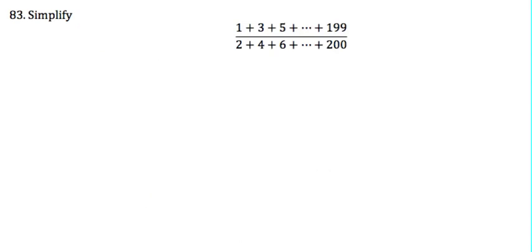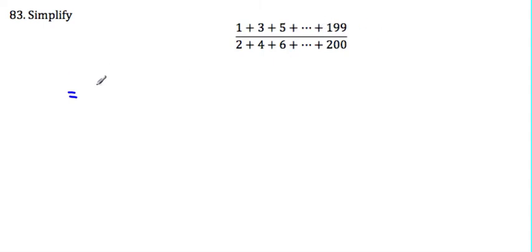Alright, let us try to simplify this one. There are many ways for us to do it. What if I add up all the even numbers on the top? As long as I subtract all the even numbers, then I'll be okay.